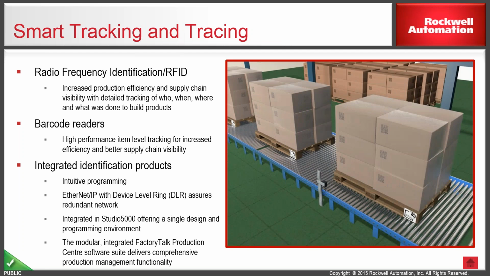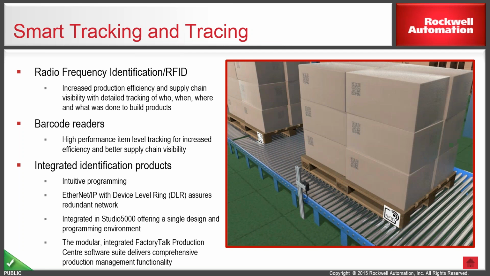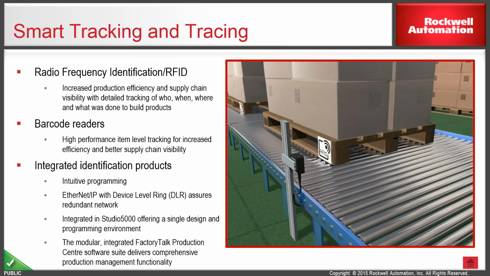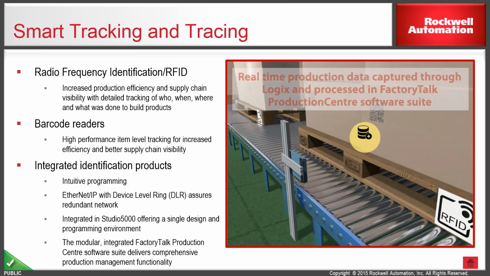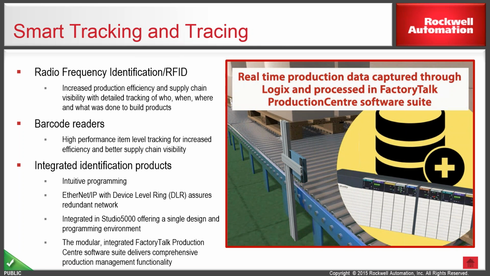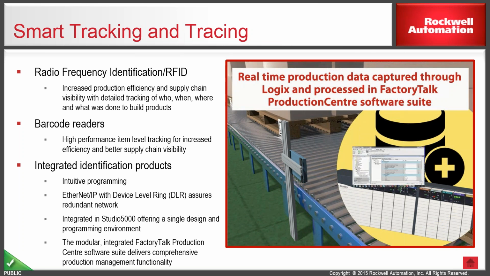Data capture of what product is on which pallet is also captured by a radio frequency ID system using tags mounted on each pallet. Information is captured on production data, lot numbers, or logistical data and communicated again over Ethernet IP to the controller and then passed up to FactoryTalk Production Center.